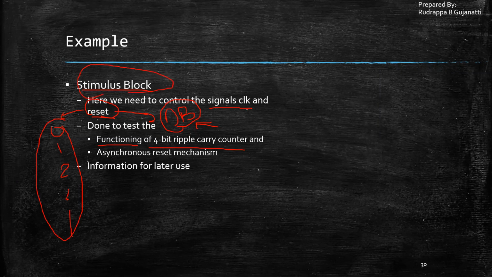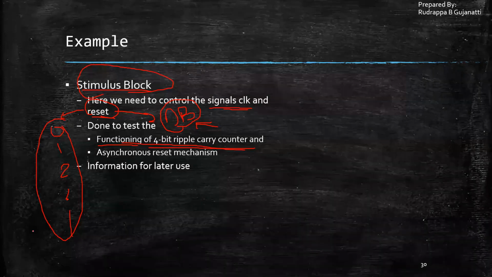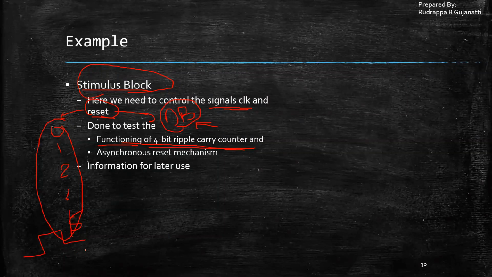One, you are checking the functionality of the counter, and another thing you are doing is, whenever you reset, say somewhere you are in the middle, that is the count is 5, and you make the reset pin high. Let us assume that when it is high, the entire thing gets reset. So when it goes to reset, the next time it should start again from 0. It should be 0 until reset is released.